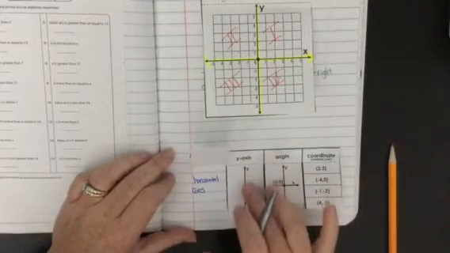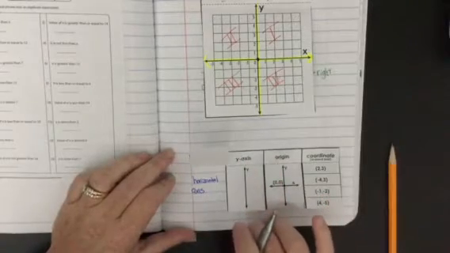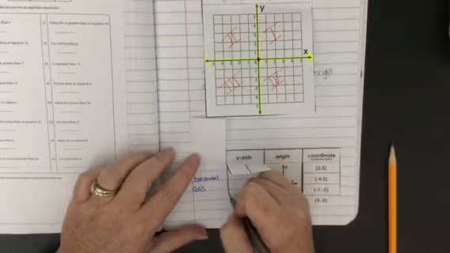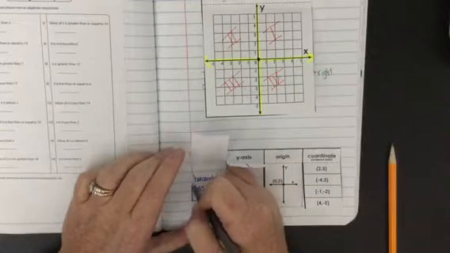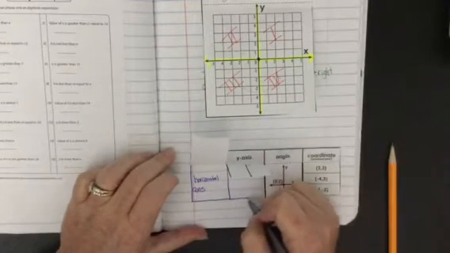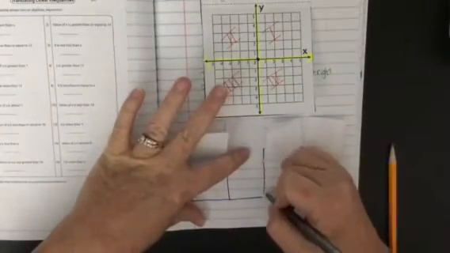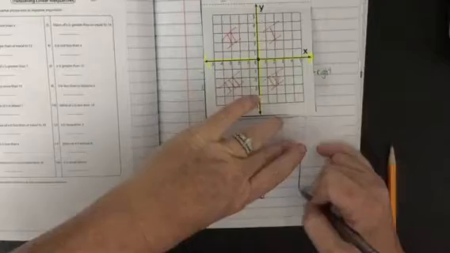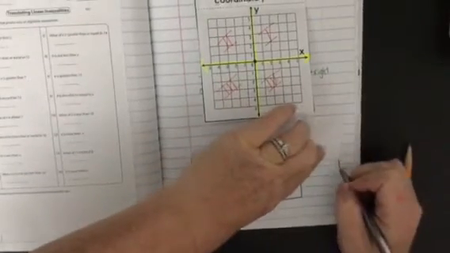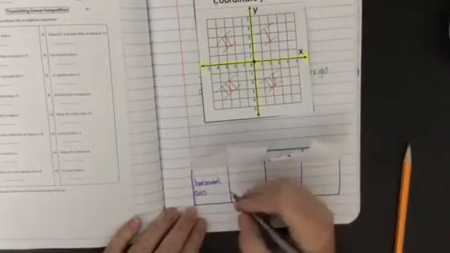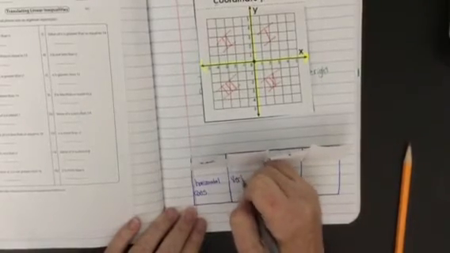And then my y-axis is my up and down, which would be what? Vertical. So my y-axis is my vertical axis.